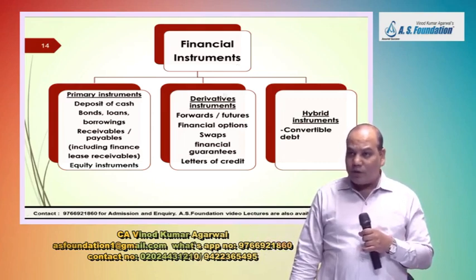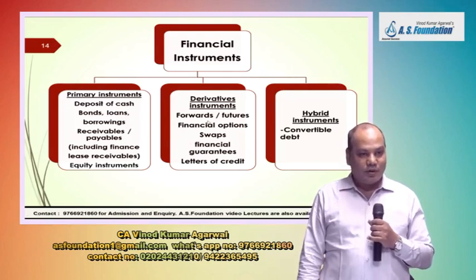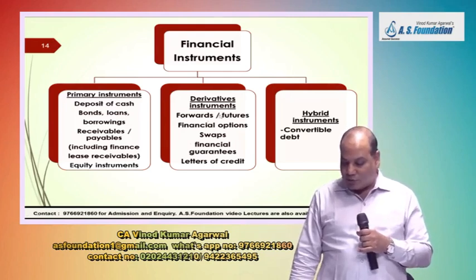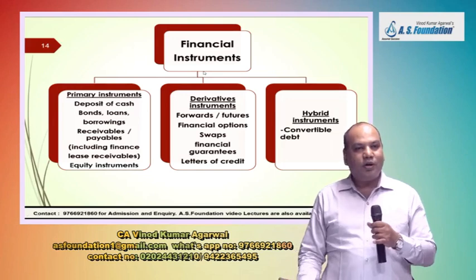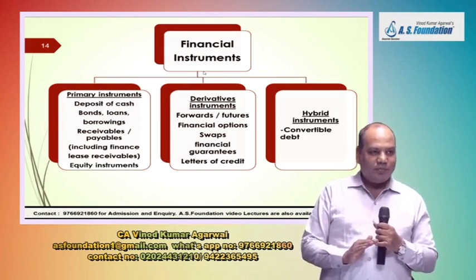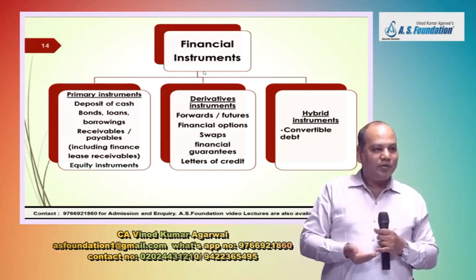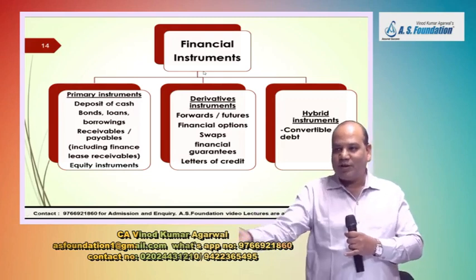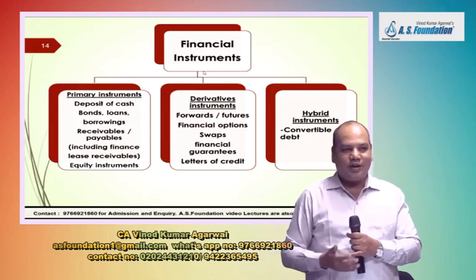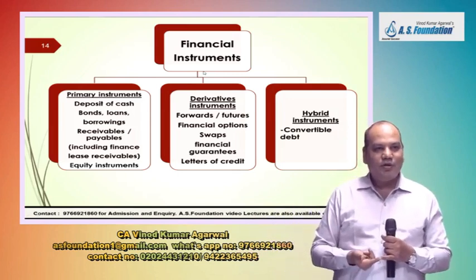The second type of financial instrument is the derivative instrument. Derivative instruments are those financial instruments which derive their value from another instrument. On their own, they are meaningless. They are always linked to some other asset, some other underlying. That underlying can be currency.